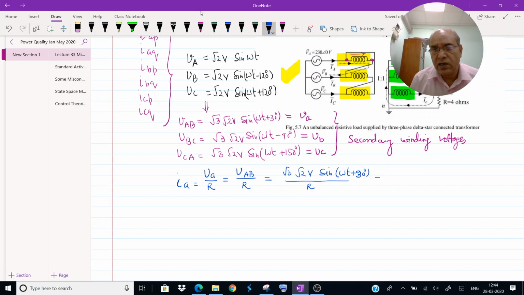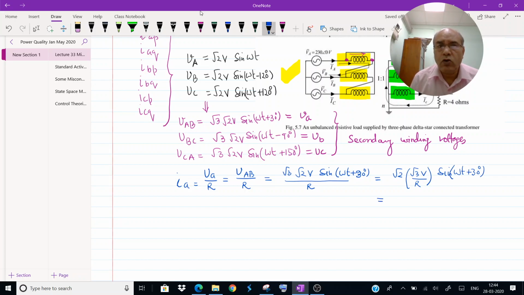So this can be written as root 2 into root 3 V by R into sine omega t plus 30 degree.